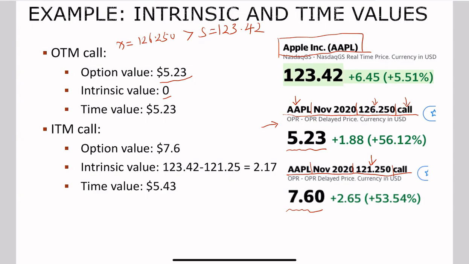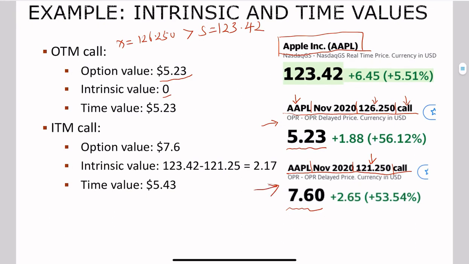Okay, now let's look at the second call, which is an ITM call. It's in the money, right? Again, this means it's in the money. Why is it in the money?